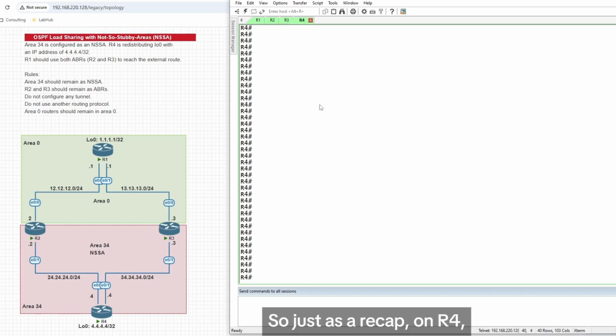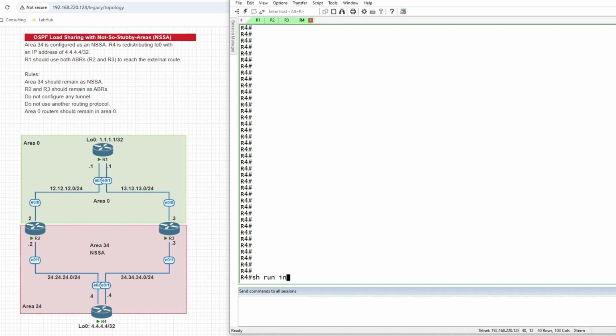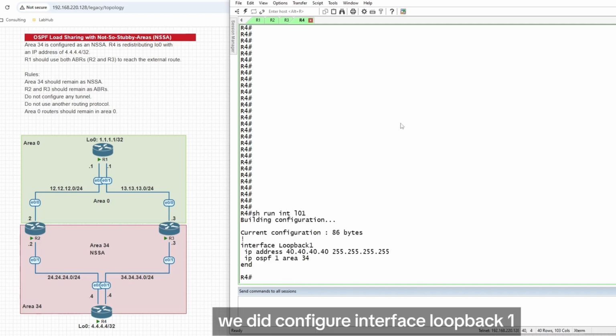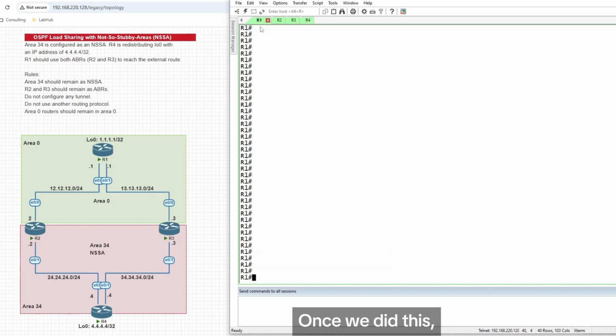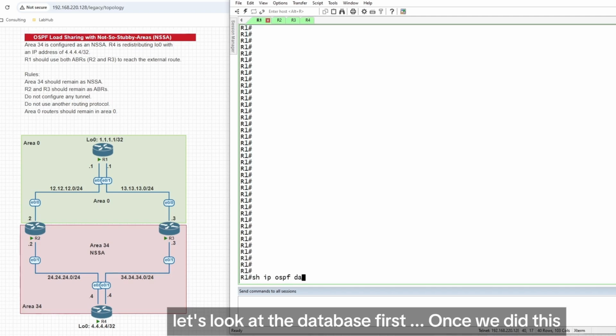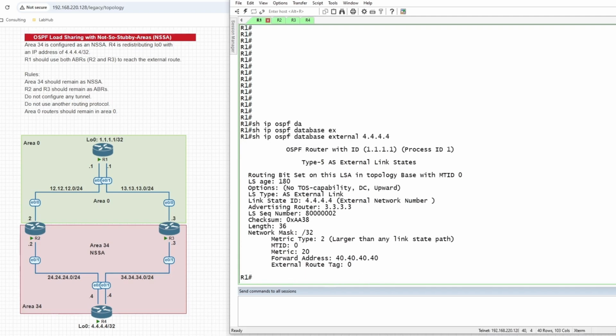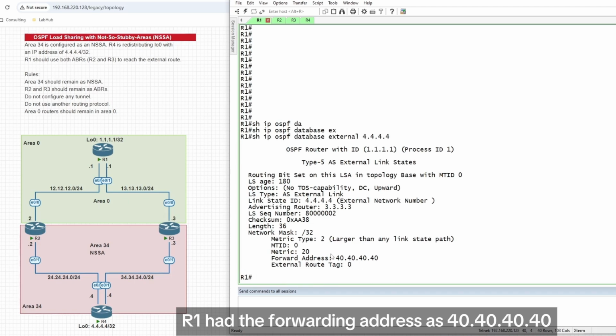So just as a recap, on R4 we did configure interface loopback 1 and put it in area 34. Once we did this, let's look at the database first. R1 had the forwarding address as 40.40.40.40 because now the first condition was met.